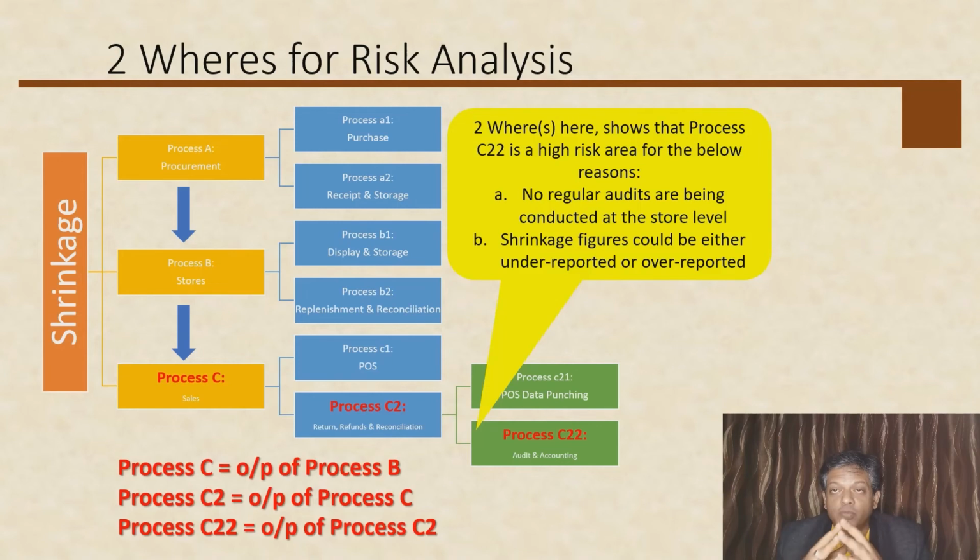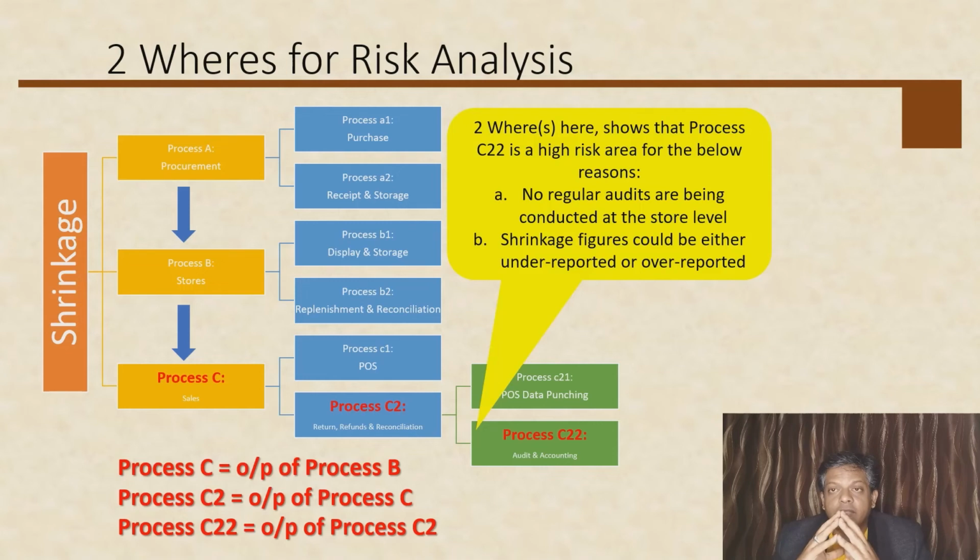So that's the final output of this process. And then you realize that yes, there is an issue in process C22. What you actually identify here is that process C is basically the output of process B. Process C2 is the output of process C, and process C22 is the output of process C2. In this manner, there is a certain interlinkage, and you have arrived at this purely based on the two-ways technique.